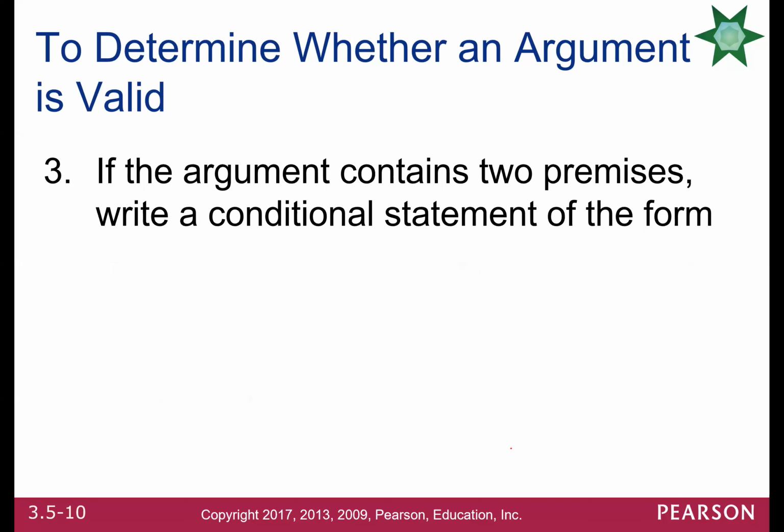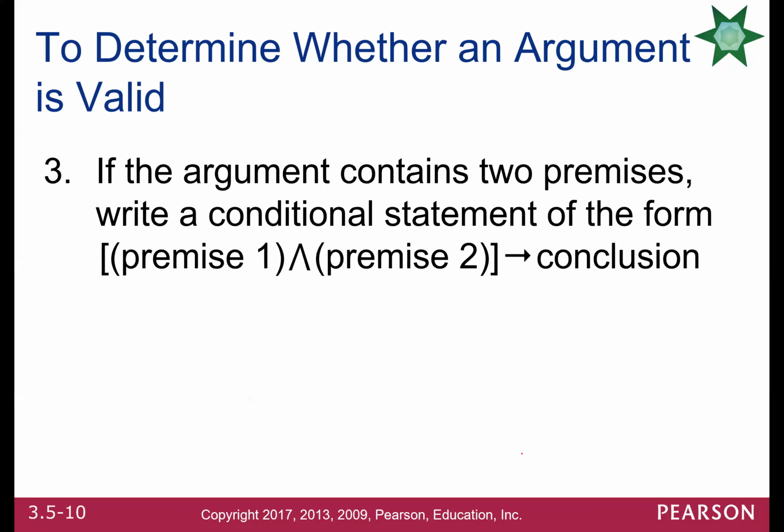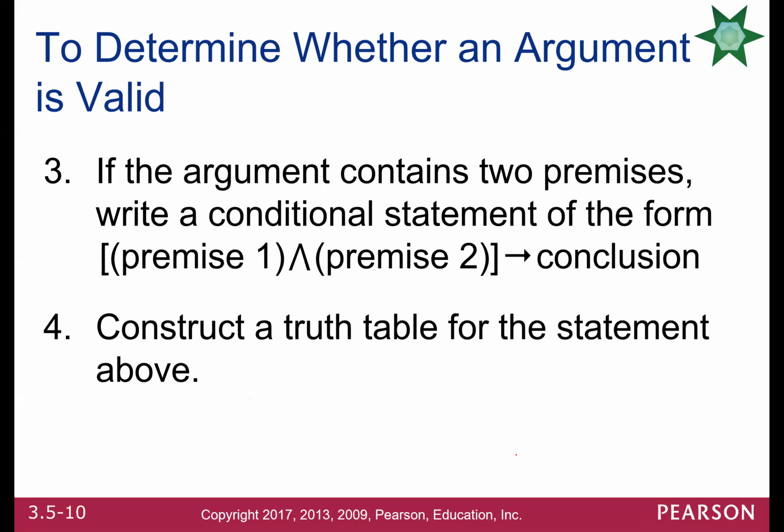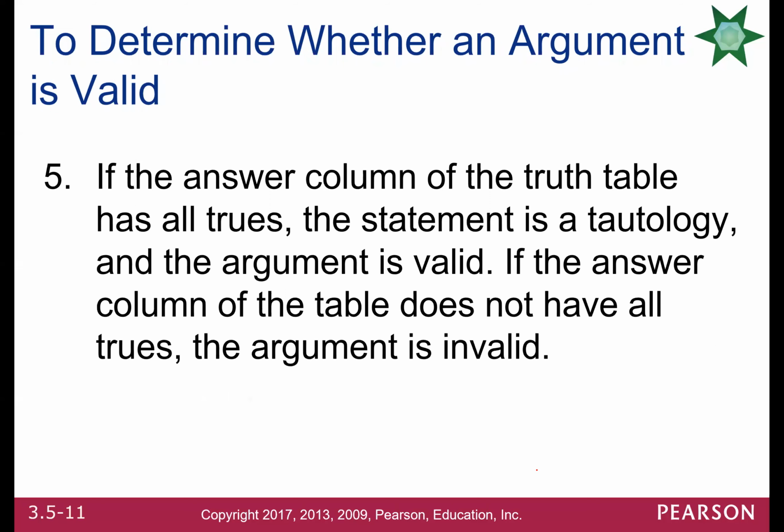So if the argument contains two premises, write a conditional statement in the form of: if premise 1 and premise 2, then the conclusion, and then construct a truth table for that statement. If the answer column of the truth table is all truths, that is a tautology, and the argument is valid. If the answer column of the truth table does not have all truths, then the argument is invalid.